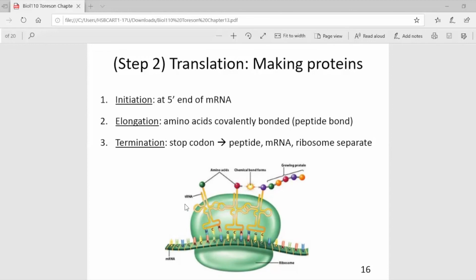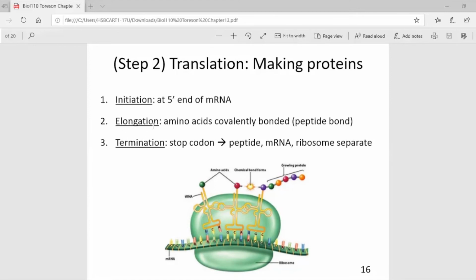Translation occurs in 3 basic steps: initiation, elongation, and termination. Initiation begins at the 3' end of the RNA molecule. And remember, there is a specific start codon that encodes for the start or the initial amino acid in the polypeptide.